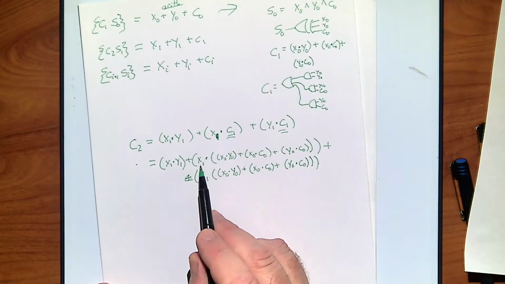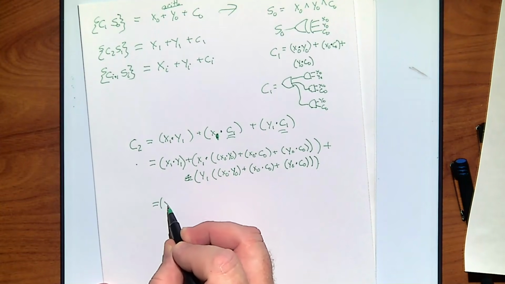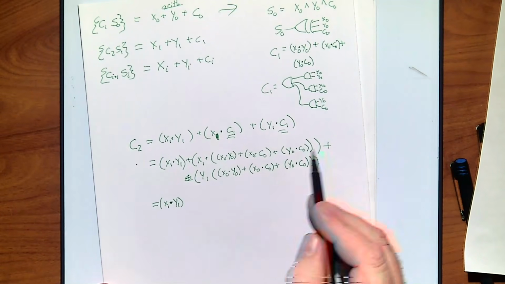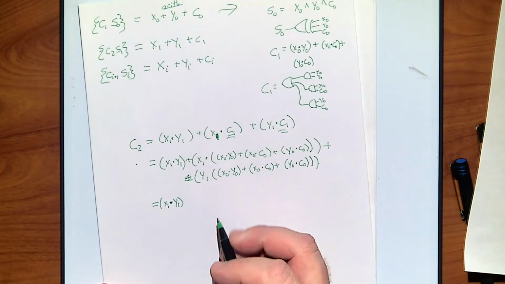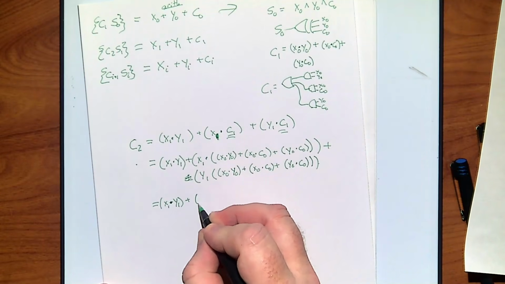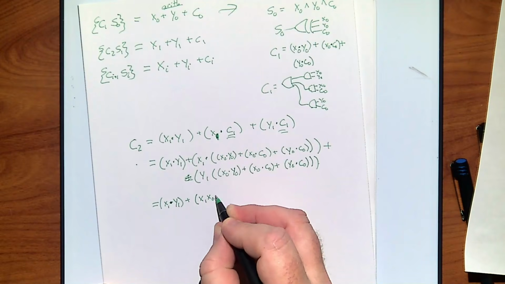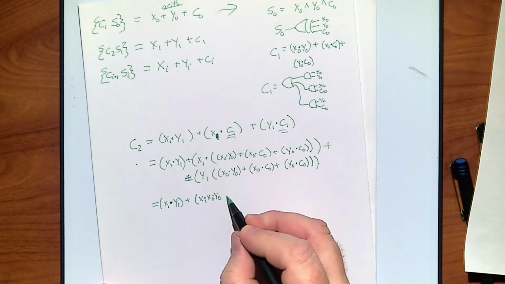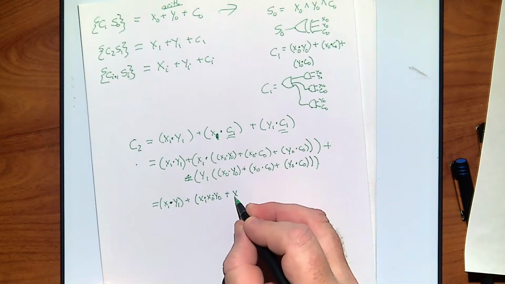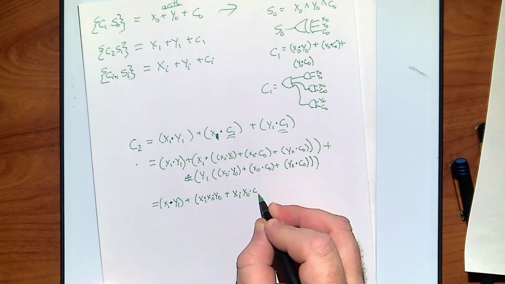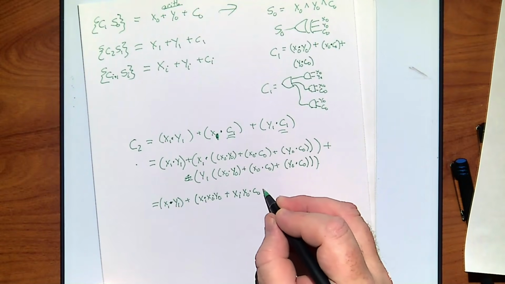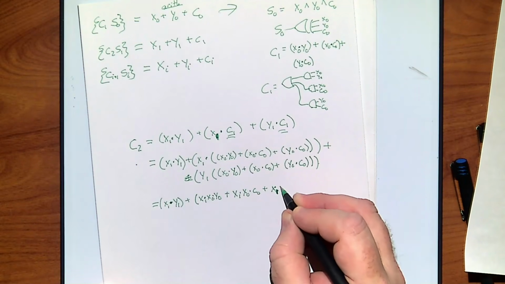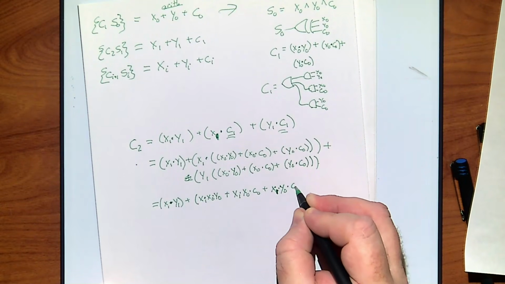So this first term doesn't need to change, but I can use the distributive law and distribute the X1 all the way through. So I'll get X1, X0, Y0. This one carries in here, X1, X0, C0, and X1, Y0, C0.